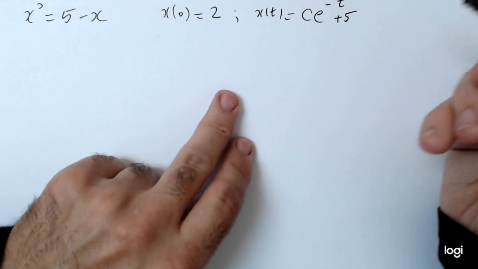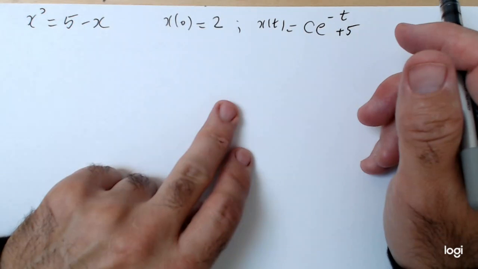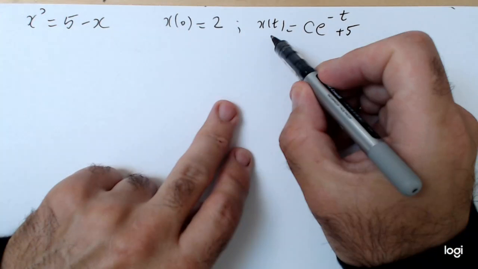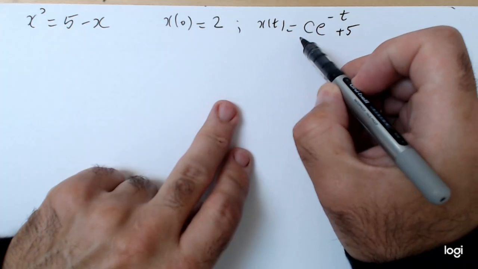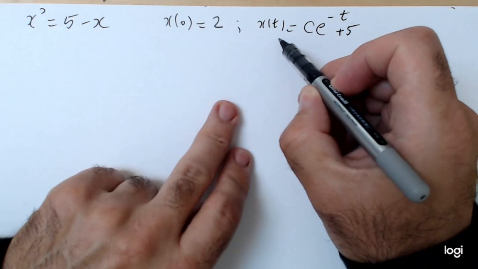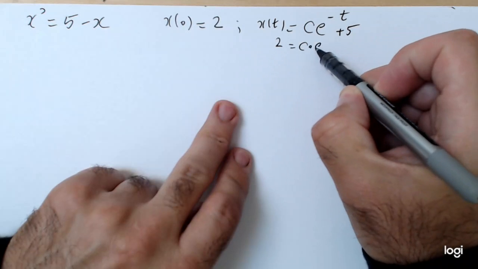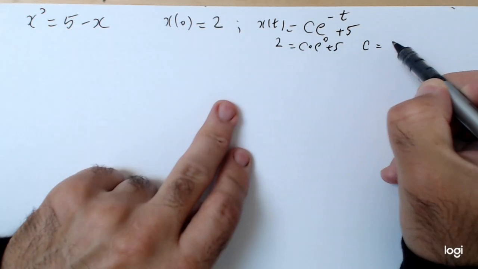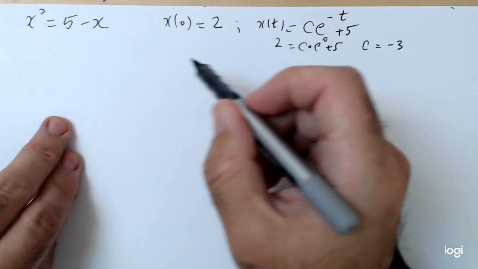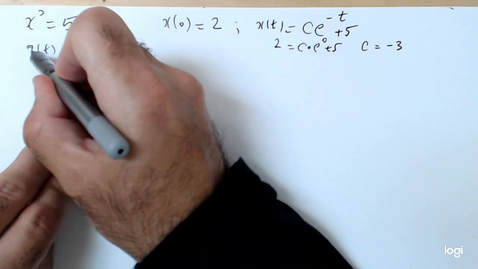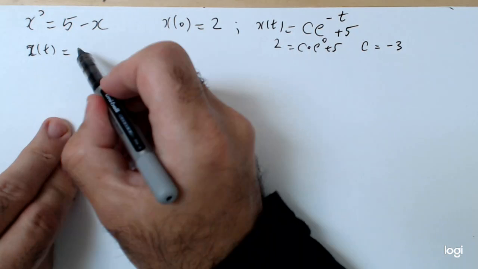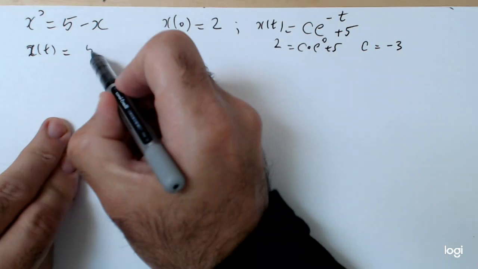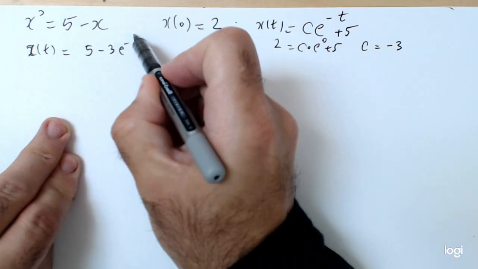Those of you who do differential equations know how to solve this quickly. The constant comes from the initial condition, so x of 0 equals 2, which means the constant in this case is minus 3. So the explicit solution for this initial value problem is 5 minus 3 e to the minus t.